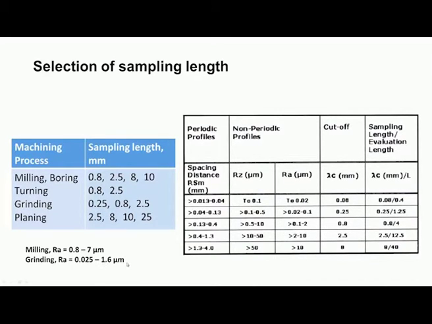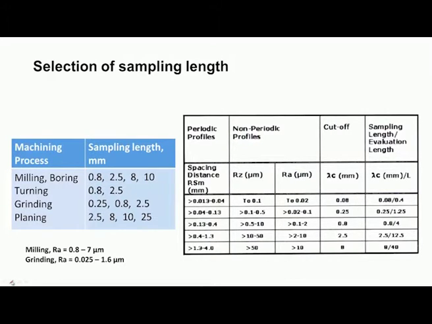So, a better fine finish we get here. So, in the case of grinding, we can select lower cutoff lengths like 0.25 millimeter, 0.8 millimeter, something like that. Now, by knowing the machining process, we can select the appropriate sampling length, or if we know roughly what the surface finish obtained is, then also we can select the cutoff length.